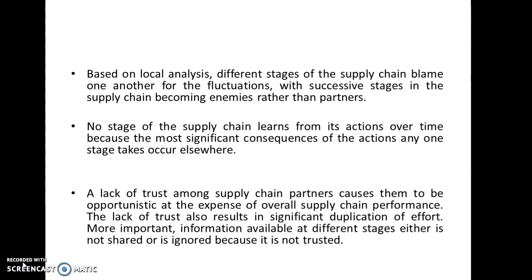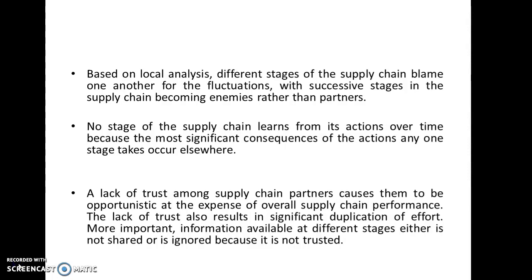No stage in the supply chain learns from its actions over time because the consequences of actions in any one stage occur in another stage elsewhere. A lack of trust among supply chain partners causes them to be opportunistic at the expense of overall supply chain performance.